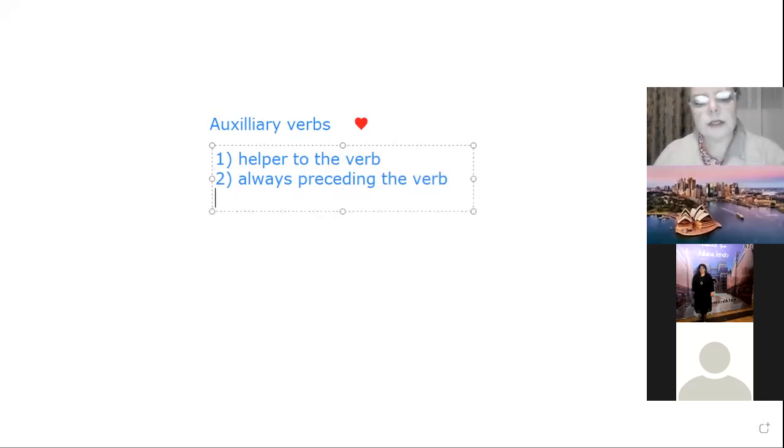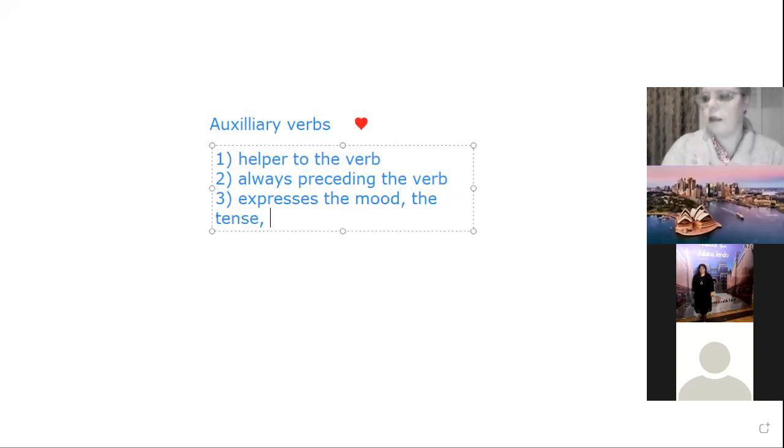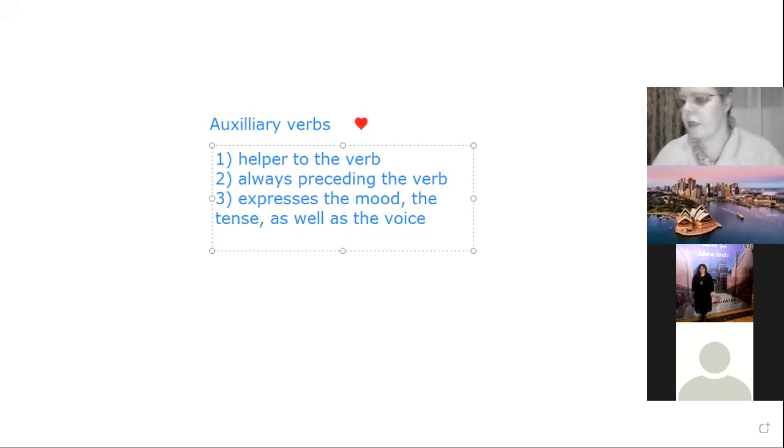If it's not preceding a verb, it is not an auxiliary verb. The third thing is, like I said, it expresses the mood, tense, as well as voice. That is very, very important.